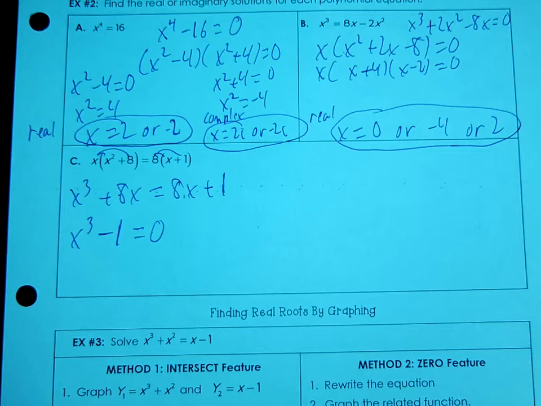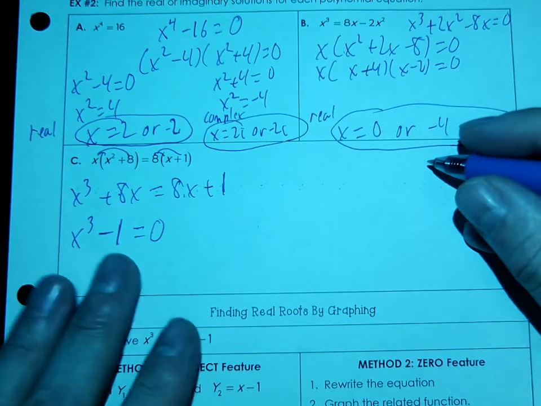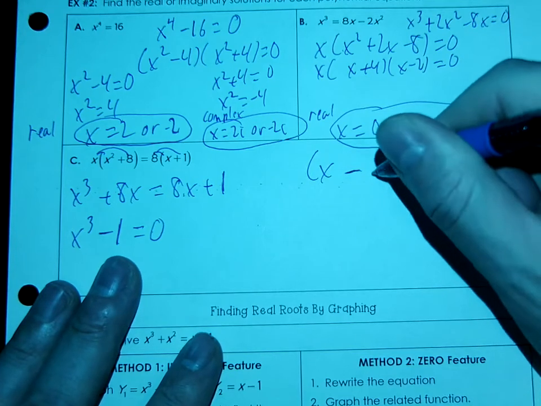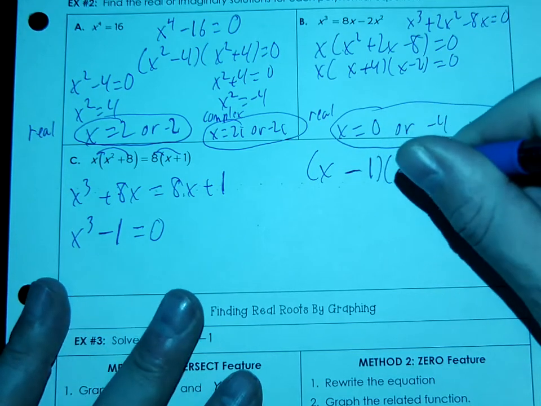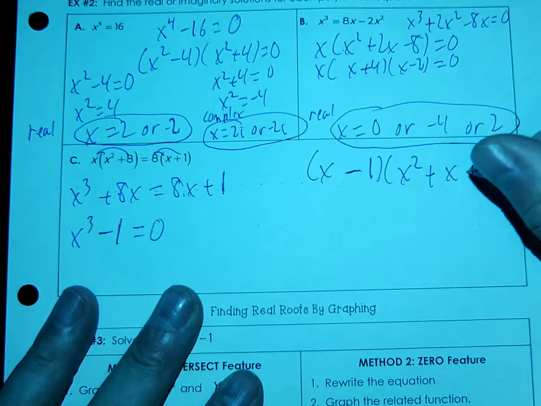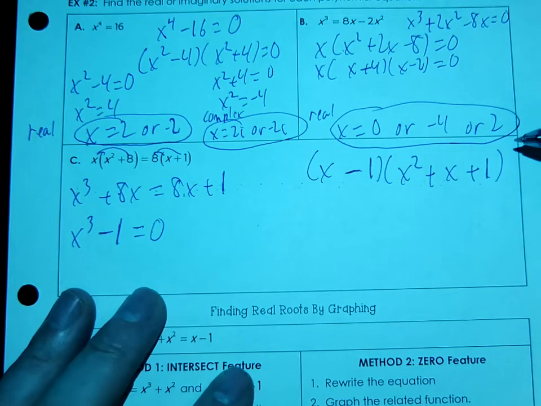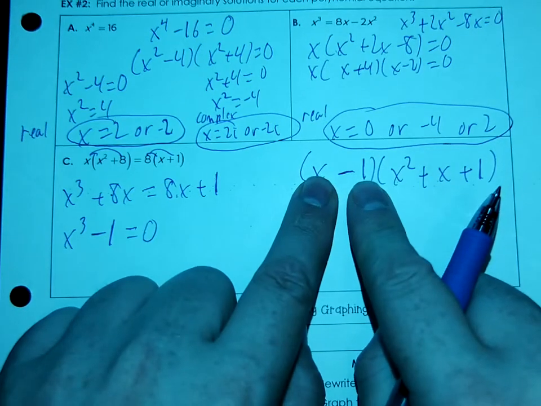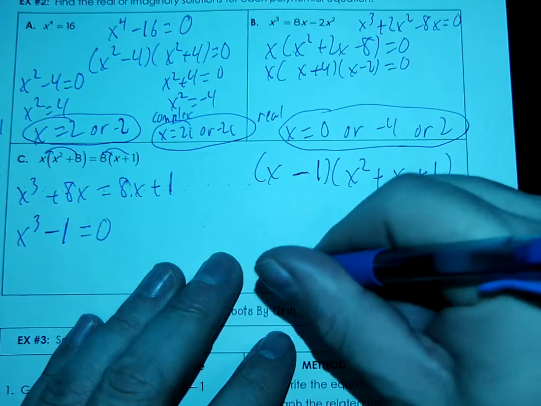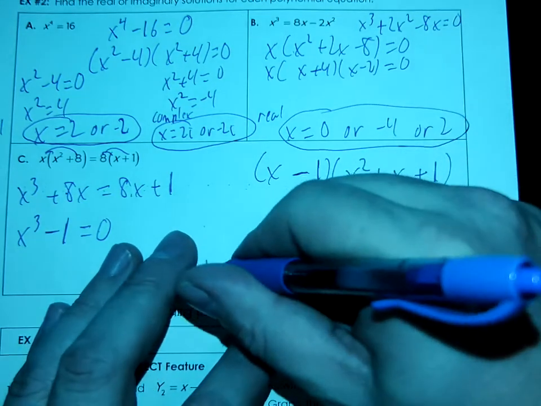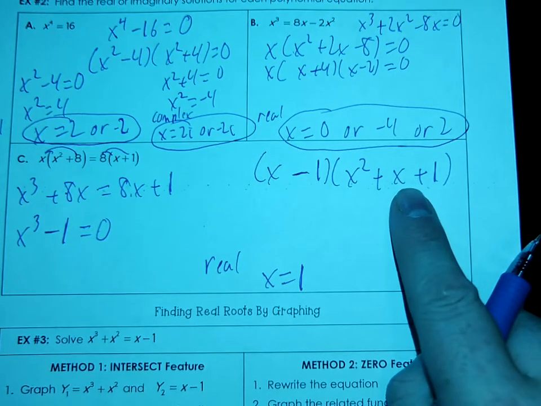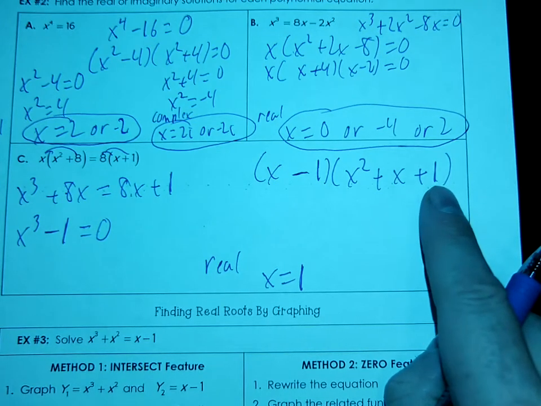So I'll use the difference of cubes formula with a equal to x and b equal to 1. X minus 1 times the quantity x squared plus x plus 1. So here's a real 0. X minus 1 equals 0. X is equal to 1. That's my first real 0. Now this part here, x squared plus x plus 1, that does not factor.